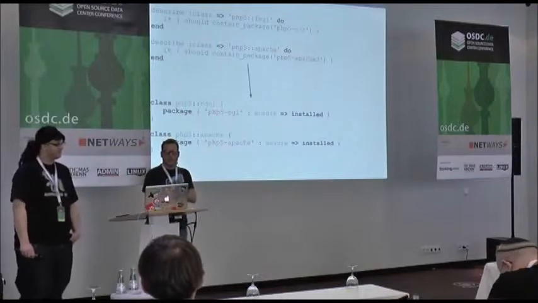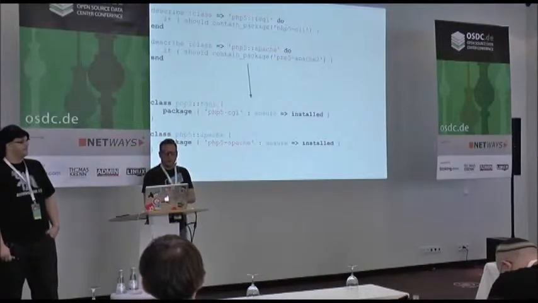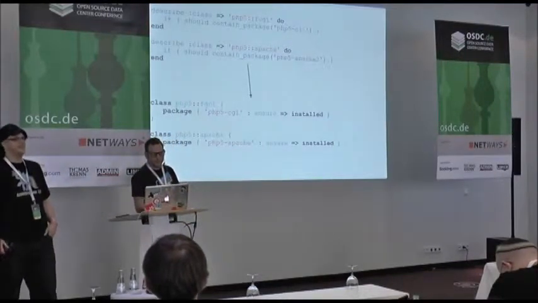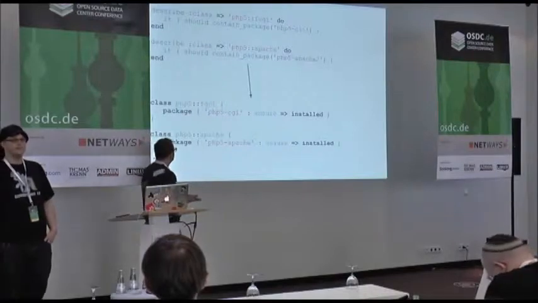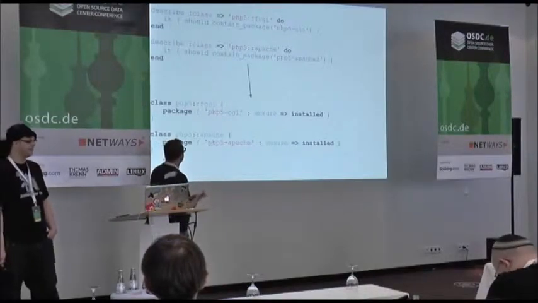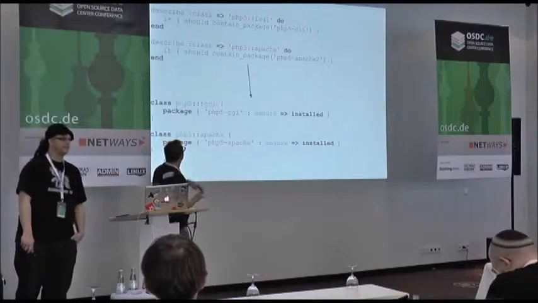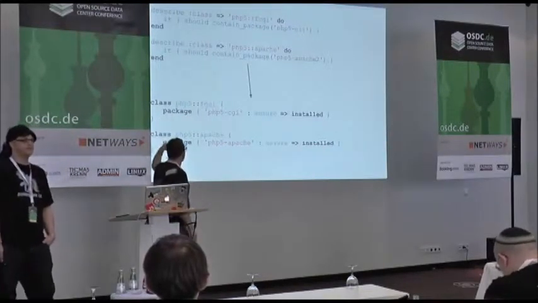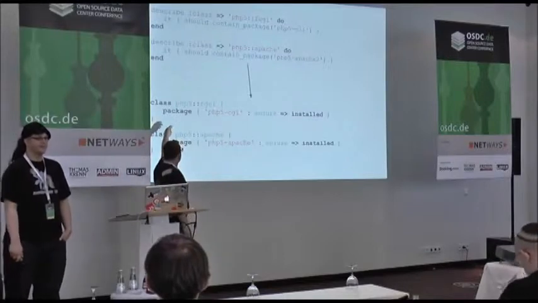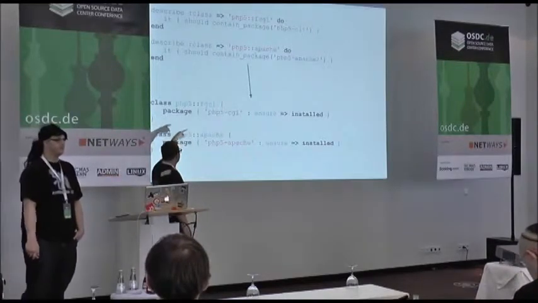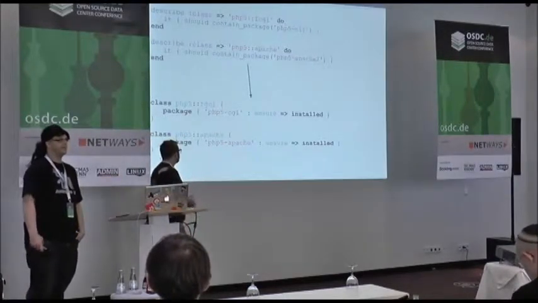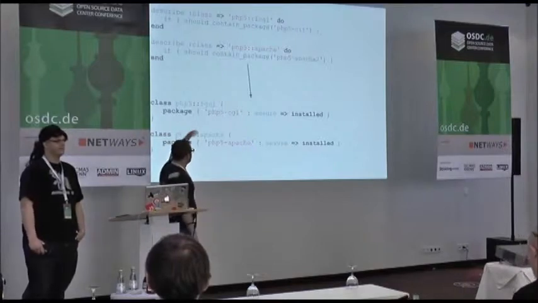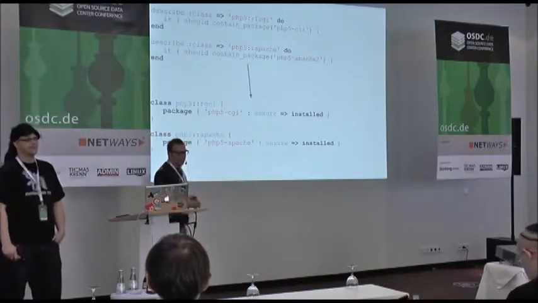Okay, so now how is TDD going to work? You have these tests like on the slide before, and now you can just go ahead and write some new classes like PHP fastCGI and PHP Apache, and you will just test that it's going to be installed.